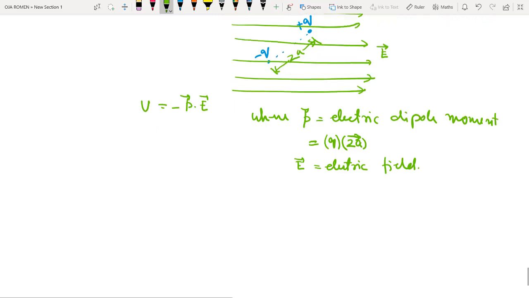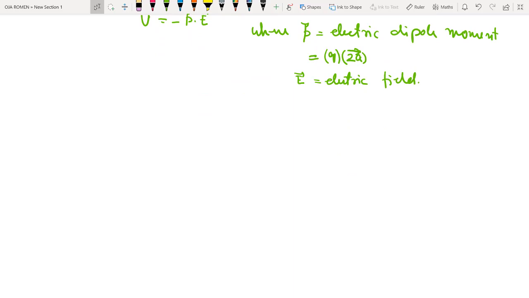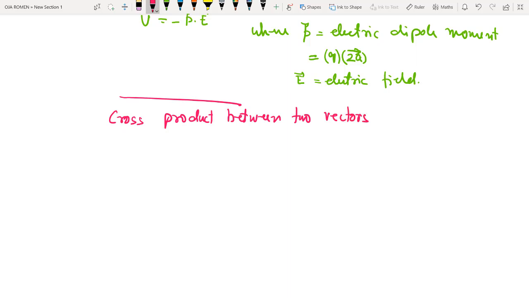Now we have defined cross product. The cross product between two vectors A and B. So we have two vectors A and B, the angle between them is theta.